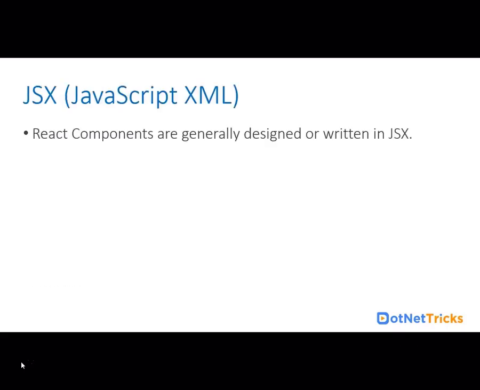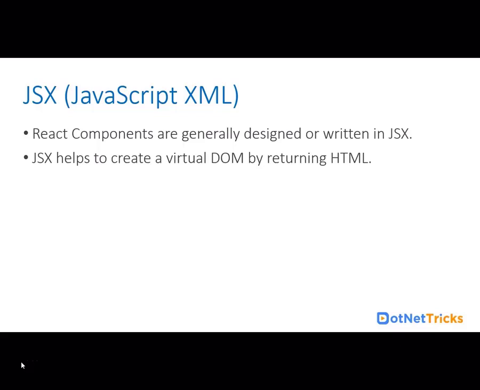Basically, JSX is generally written in React components and other scripting languages as well, because JSX is a preprocessor that adds some XML syntax to JavaScript. In other terms, we can call it syntactical sugar for JavaScript. JSX helps us create a virtual DOM by returning the HTML along with the scripting.